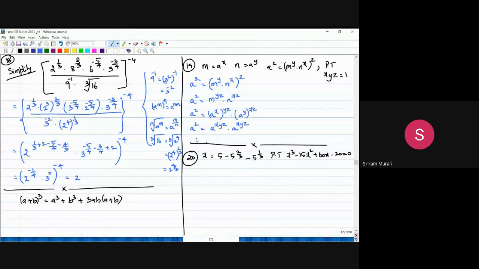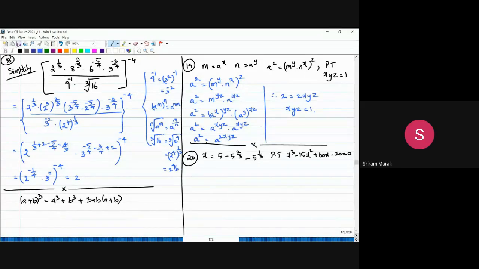You know, when the bases are same, add the powers. It is 2 times xyz. Therefore 2 is equal to 2xyz. When 2 gets cancelled, what is the answer? Xyz is equal to 1. Is this clear? Yes sir.